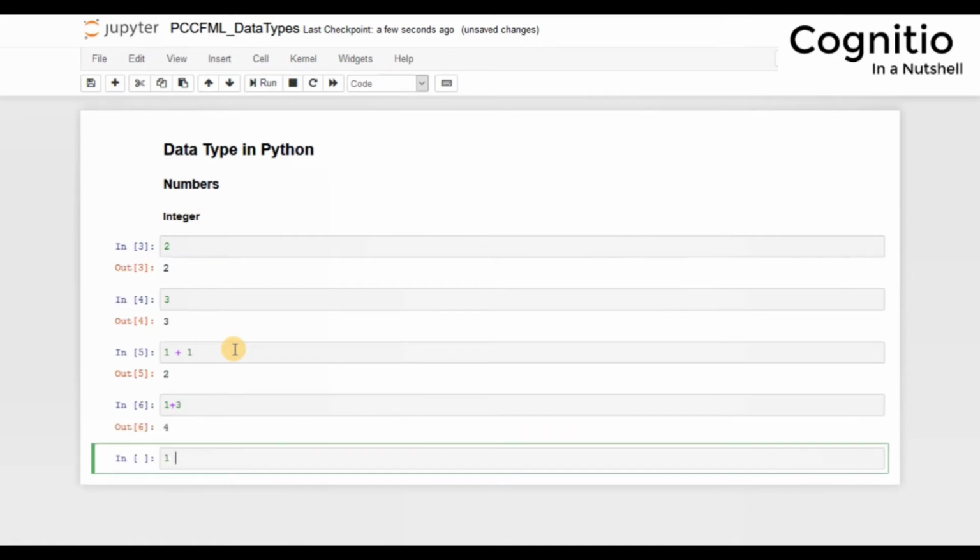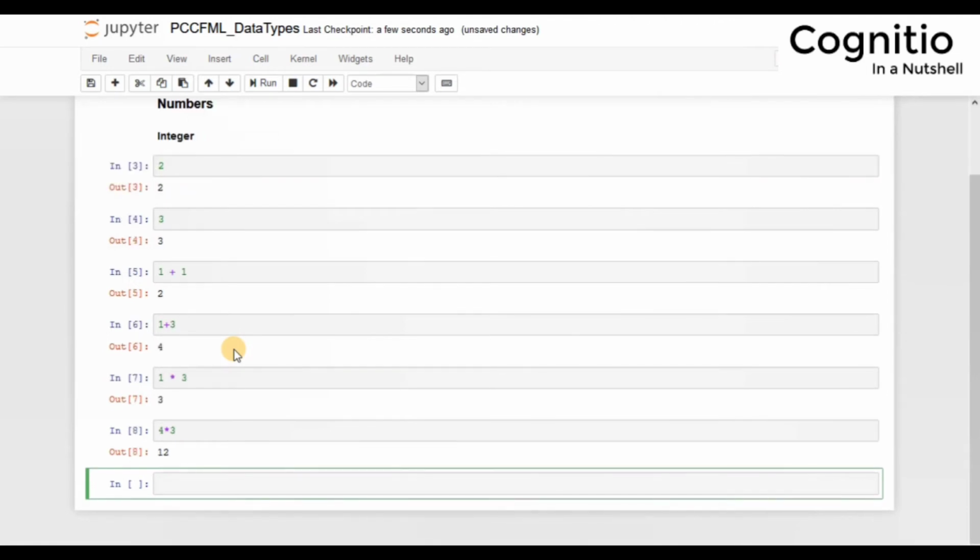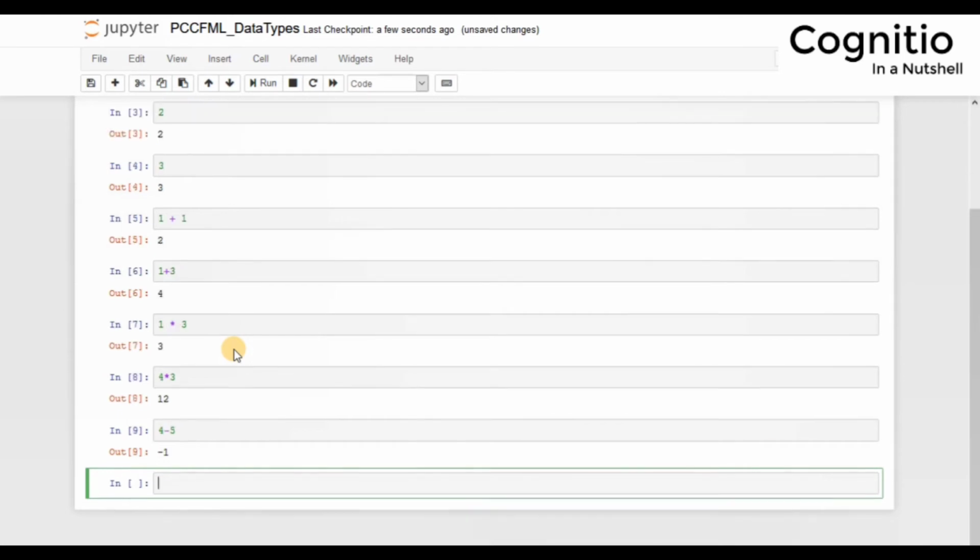You can also do multiplication; for multiplication we use the star. 2 into 3 is 6, 4 into 3 is 12. Subtraction is like 1 minus 5, so minus 4. And division would be like 1 by 2, which is 0.5. Division always gives you a float number, as you can see here.